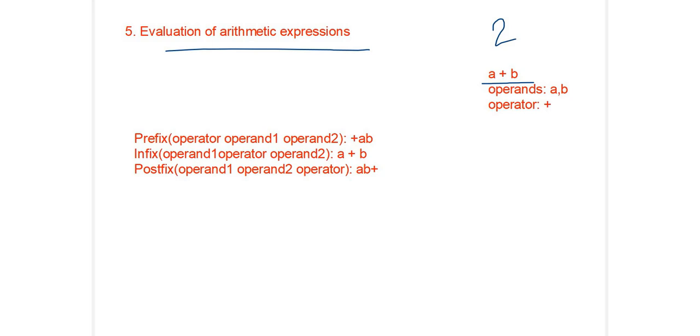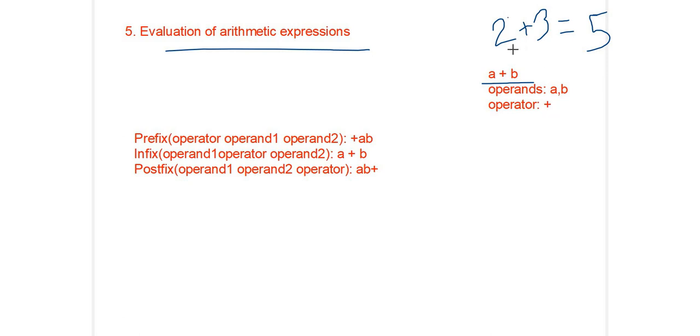If we have to add two numbers like 2 plus 3, we perform the addition operation, and the addition will be 5. 2 plus 3 will be 5. Plus is an operator, and these 2 and 3 are operands. In the case of a plus b, the operands are a and b, and the operator is plus. Plus is a binary operator.